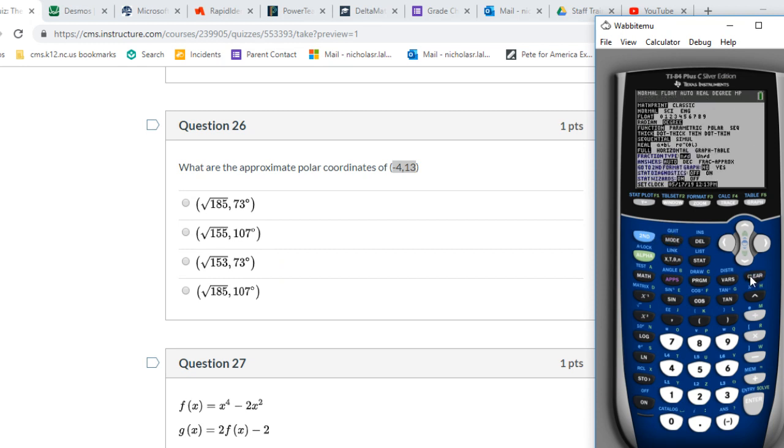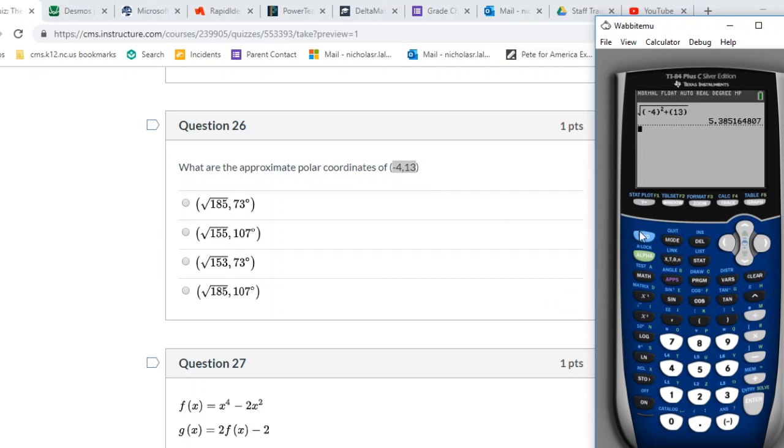So using the r value, it's the square root of x squared plus y squared. So it's the square root of -4 squared plus 13 squared. So that's 5.385.